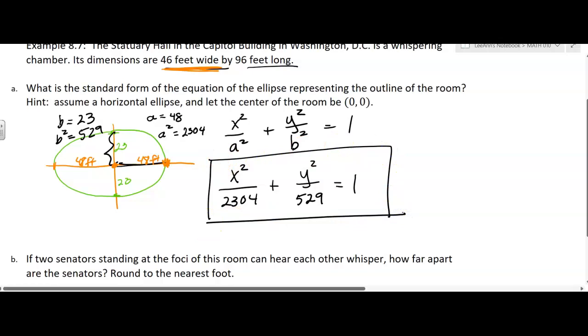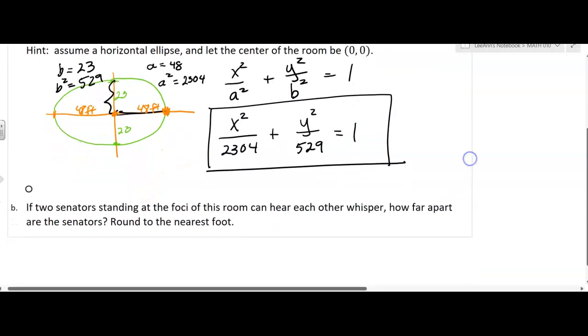Now it says, if two senators standing at the foci of this room, so where are the foci? Well, somewhere in here there's one, and somewhere in here there's one. It says, if two senators standing at the foci of this room can hear each other whisper, how far apart are the senators? So we're trying to figure out this distance here, but first we'll figure out what this is, and that would be c.